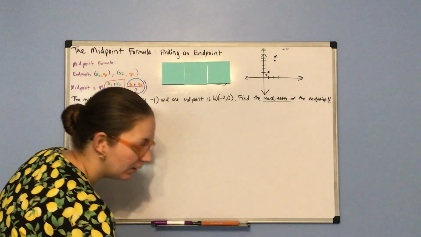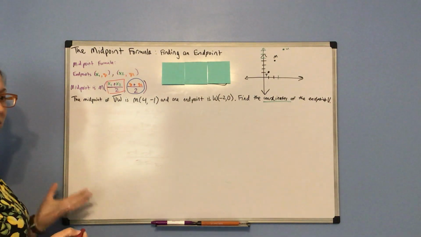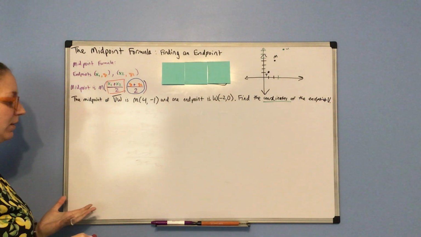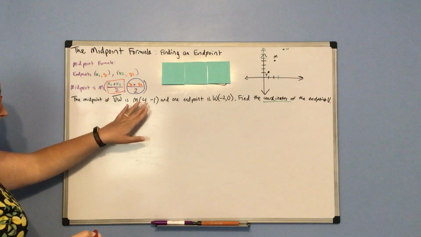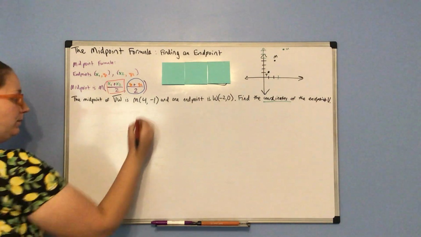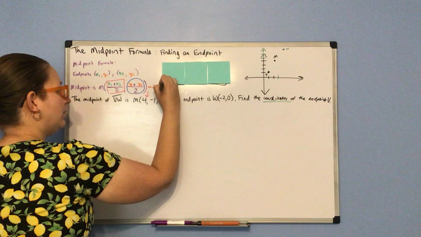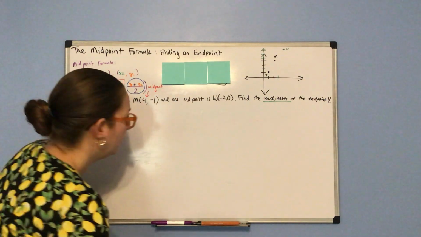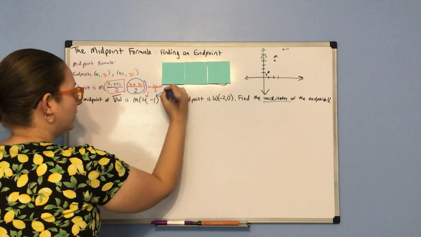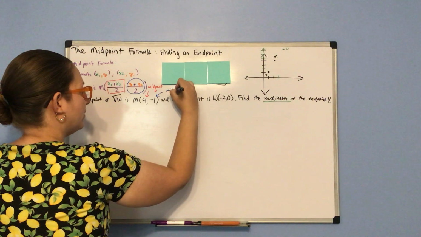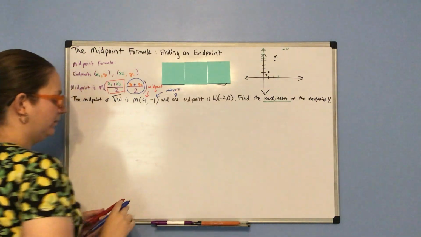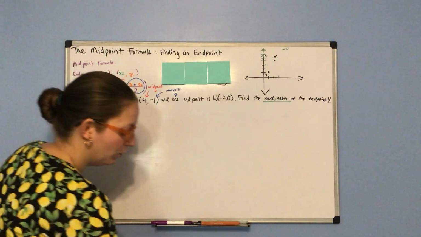So, think back. Let's start by labeling things. That's how I did things kind of before. They've given us our midpoint. So 4 is the x coordinate of my midpoint. And -1 is the y coordinate of my midpoint. And then they've given us one of our endpoints.